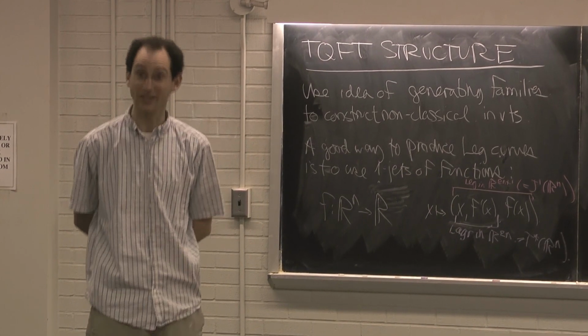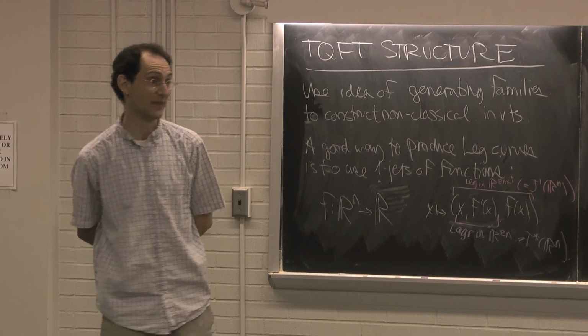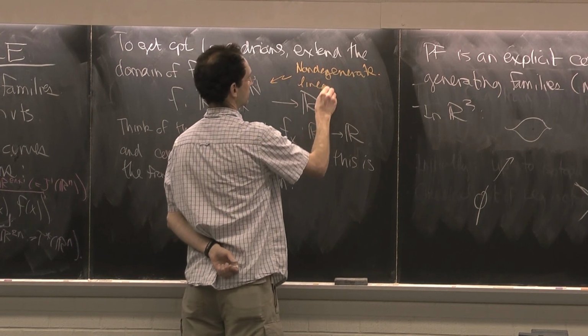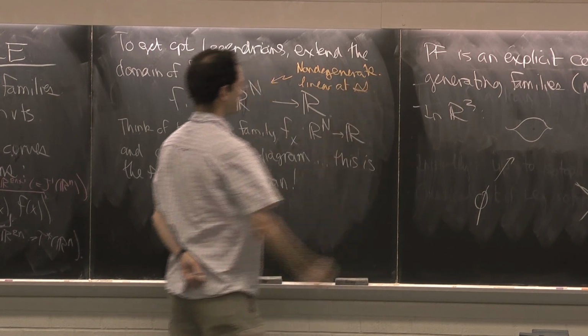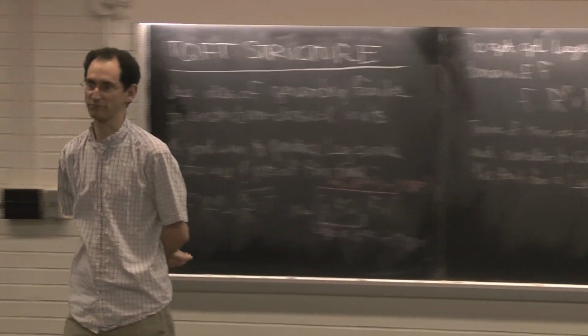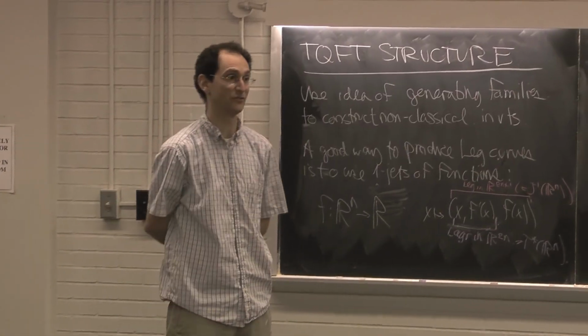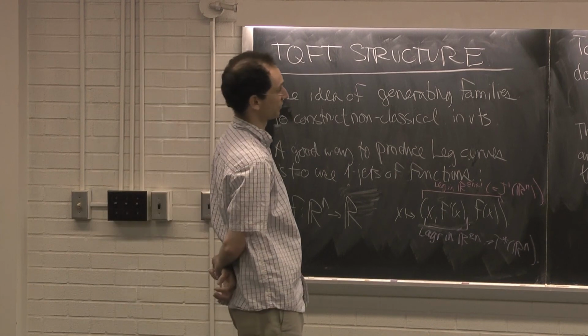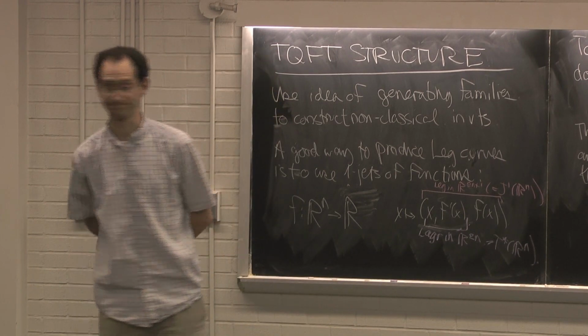So you want to pretend like you're doing Morse theory on a compact domain, and the way to do that is just to specify some behavior at infinity. So let's, for instance, specify that these things are linear outside of a compact set. That lets you pretend to do compactly supported Morse theory, even though your domains are in no way, shape, or form compact.